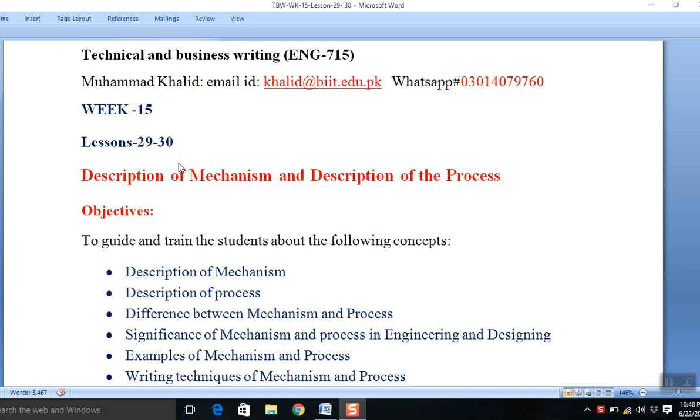Our today's discussion is extremely important from many aspects, especially for the students of computer sciences, engineering and related sciences. The topic is description of mechanisms and the description of process.